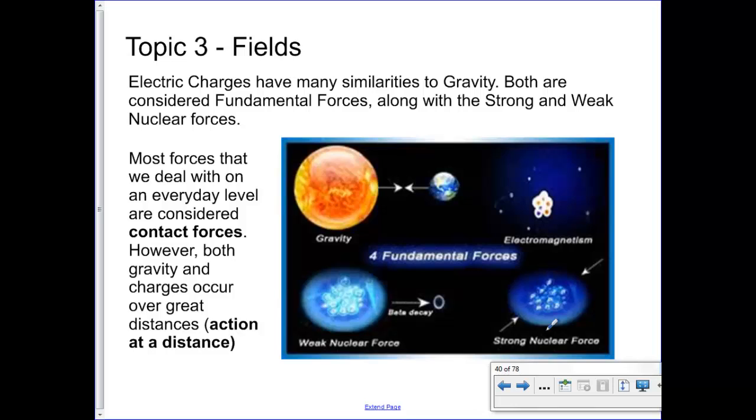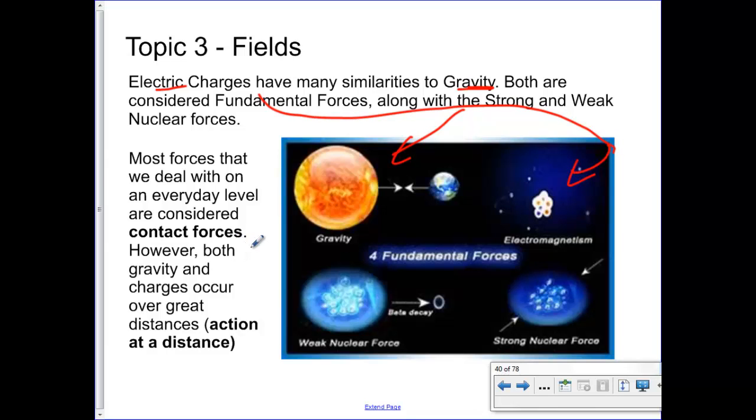Because all these positives, all peppered inside there, would not want to be next to each other. And that's where this strong nuclear force comes in, is it somehow keeps all of those positive protons together. Does that make sense? Because otherwise, you'd have nucleuses wanting to break apart. So, anyways, I just wanted to bring this up because electric charges and gravity charges are 2 of the main fundamental forces that we have.